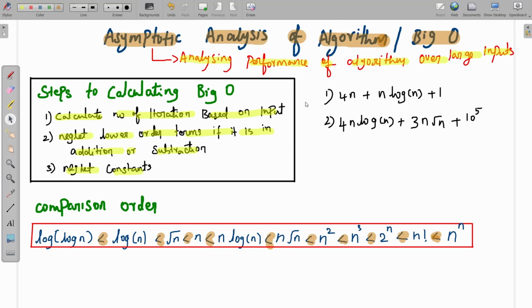So let's understand. As of now, these two things are my numbers of iterations. Let's consider that this is the number of iterations for one program, and this is the number of iterations for a separate program.